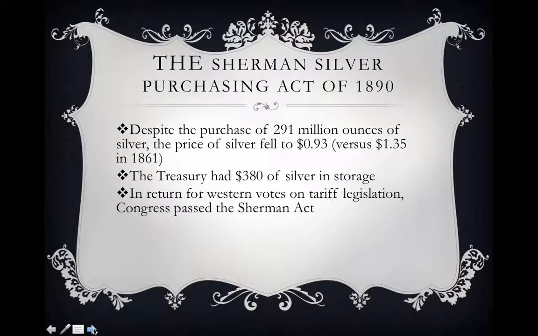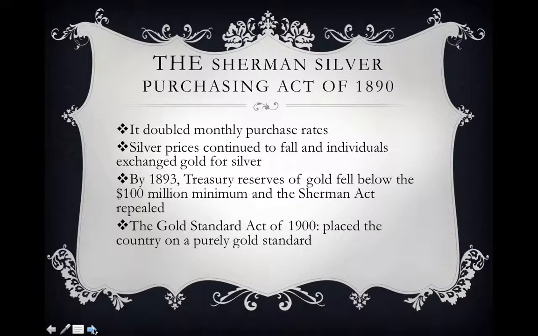So the federal government is stepping in and trying to put a floor on the price of silver by purchasing it at specific prices. It also doubled the monthly purchase rate, but the supply of silver was increasing so much faster than demand that the price of silver fell dramatically.